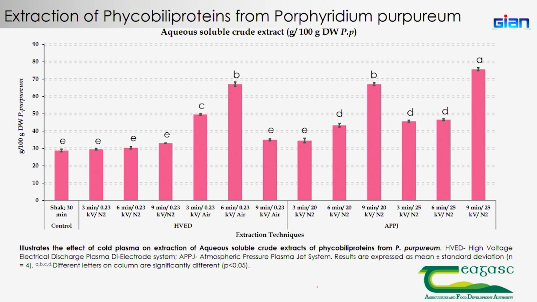So, that is one. Now, this is again to extract phycobilin protein from microalgae, that is Porphyridium purpureum. This is a pink color microalgae, and here this is normal shaking, and this is done with plasma.